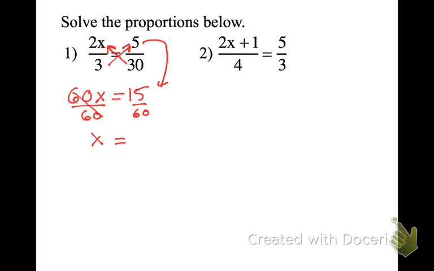Now, I have to reduce that. So what would I do to reduce that? What number divides into numerator, denominator? Ayla. 15 goes into 15 one time and into 60 4 times, so my answer is 1/4. Okay, you want to try the next one? Okay, pause the recording and try the next one.